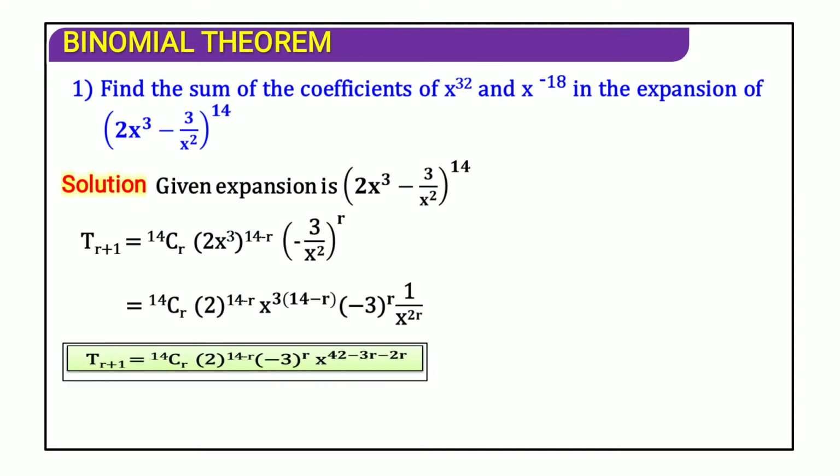So ultimately T(r+1) seems to be 14Cr 2 to the power 14 minus r, minus 3 to the power r, x to the power 42 minus 3r from here and minus 2r from the denominator of this particular expansion. Hope you got it. You can pause the video and learn the concept again. I just used one formula, that is T(r+1) only.